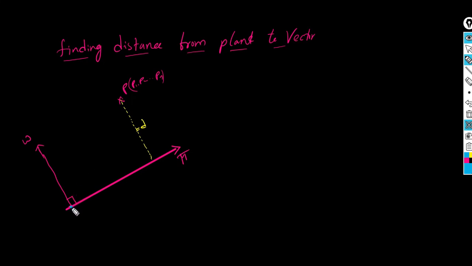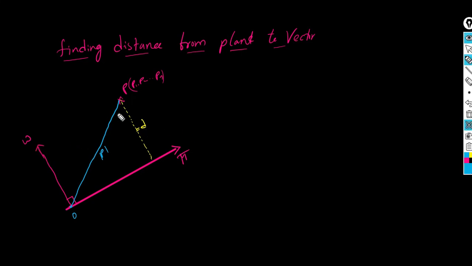Now let's consider this is the origin. This distance is modulus of p, because the distance from the origin to the point is modulus of p, that we know. This is the distance that we have to find.